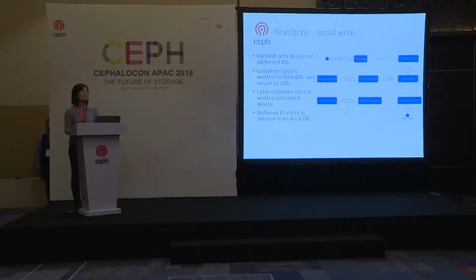When the customer write request comes to BlueStore, BlueStore first handles which data needs to go to the disk and what kinds of metadata need to be updated. For a small I/O, RocksDB acts as a channel, like a cache.